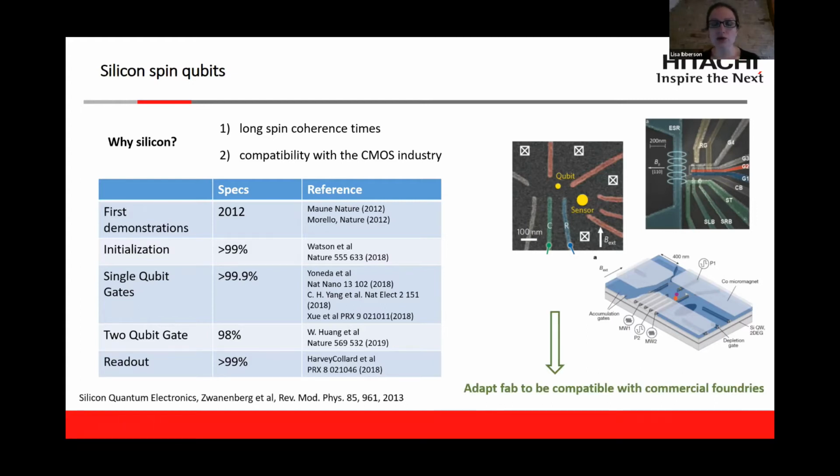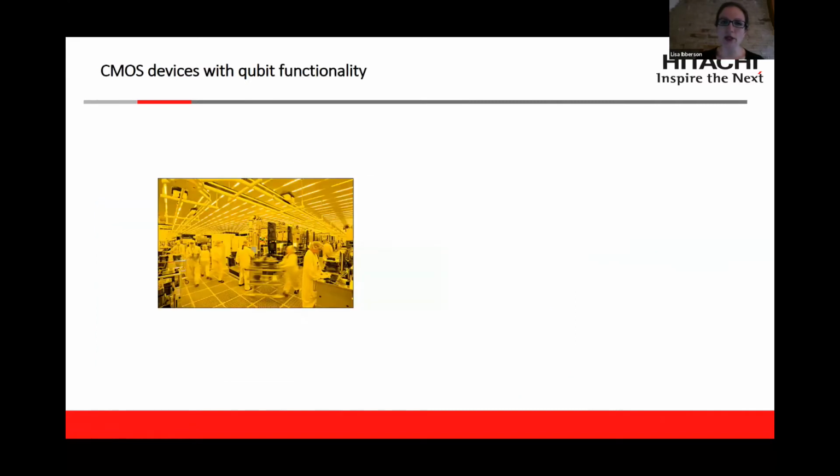Whilst this is totally possible, it's likely to involve significant optimization of the fabrication processes. In Cambridge, we follow an alternative route. We take devices which are fabricated in a standard silicon commercial foundry, and we modify them such that they demonstrate qubit functionality.